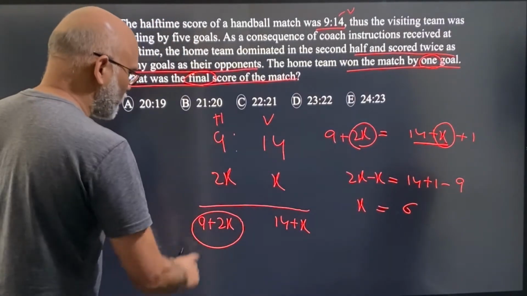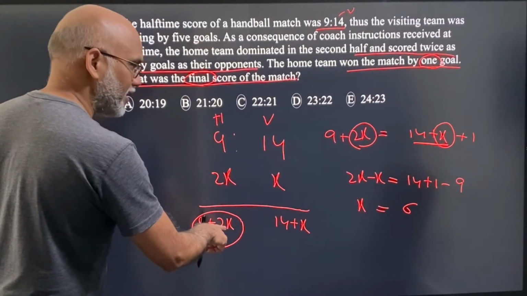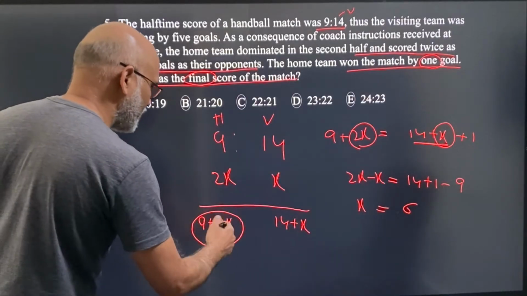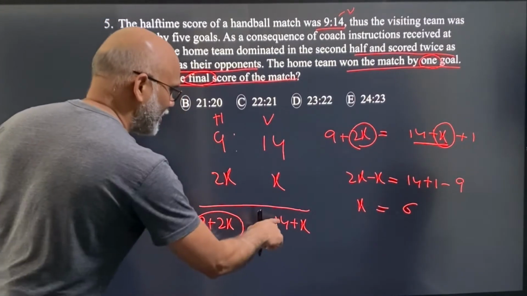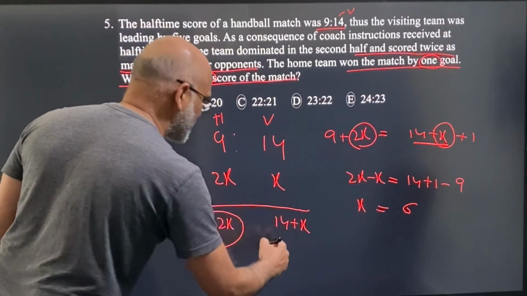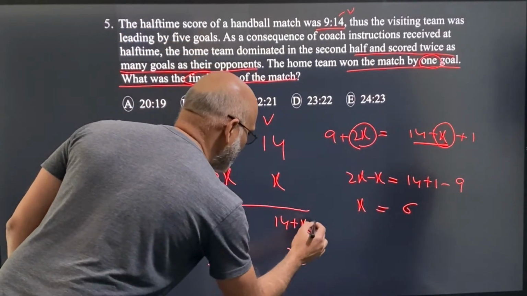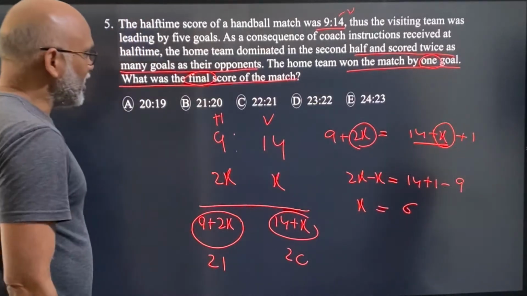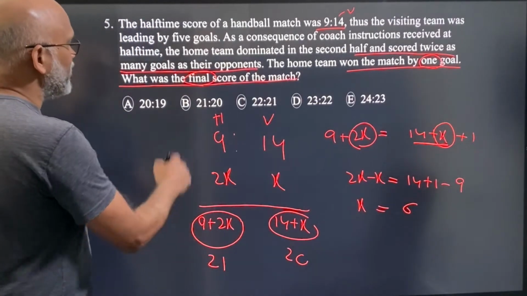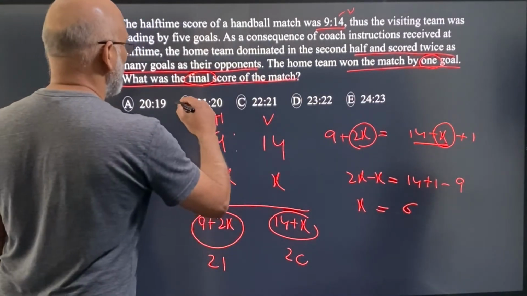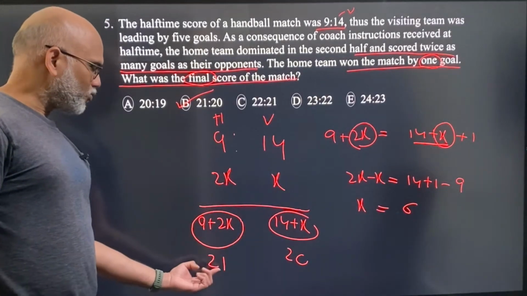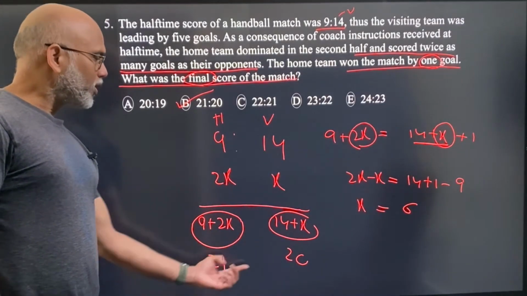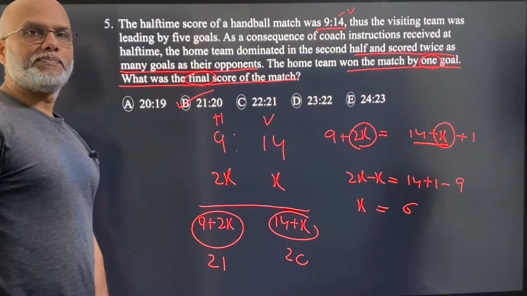What would be the final score? 9 plus 2x is 9 plus 12, which is 21. And 14 plus x is 14 plus 6, so this will be 20. So the final score must be 21 to 20. B is the correct choice. And you can also verify they are one goal more than the visiting team.